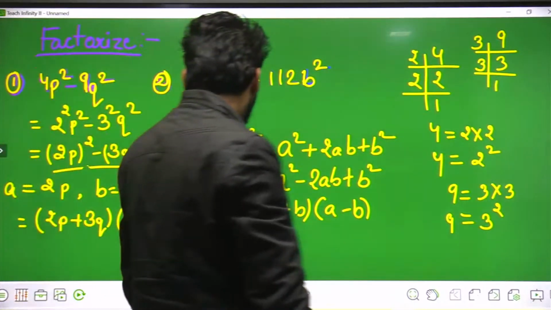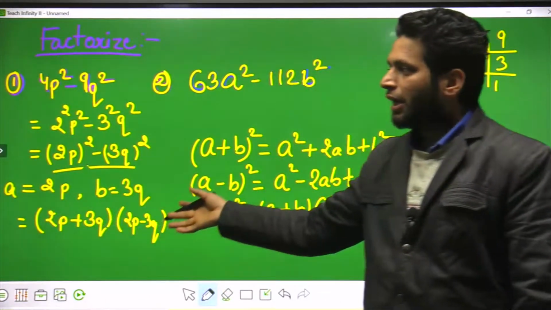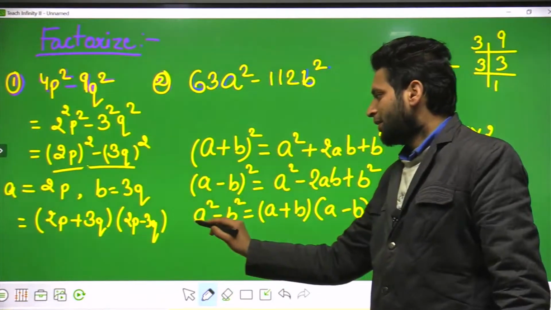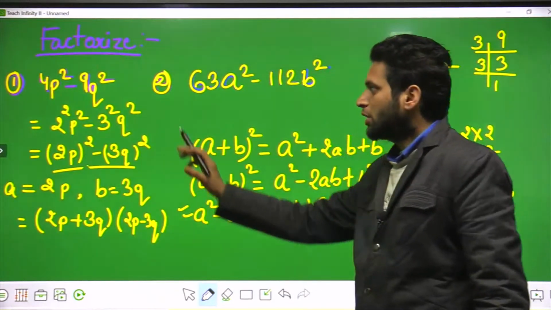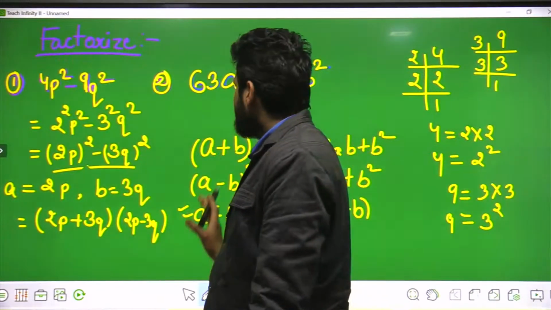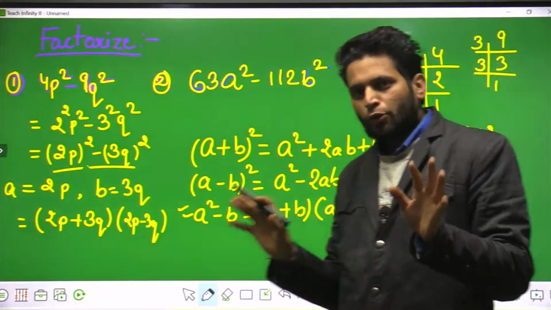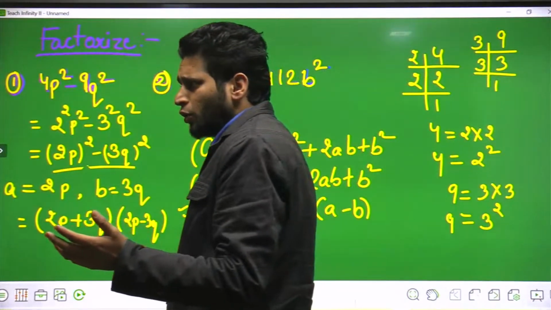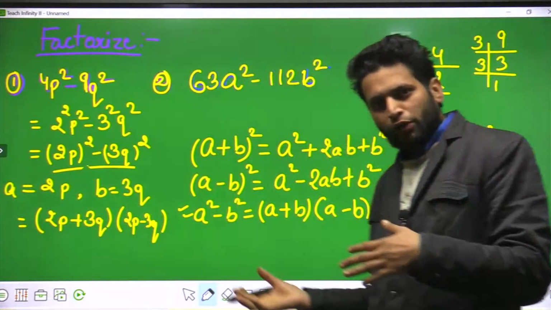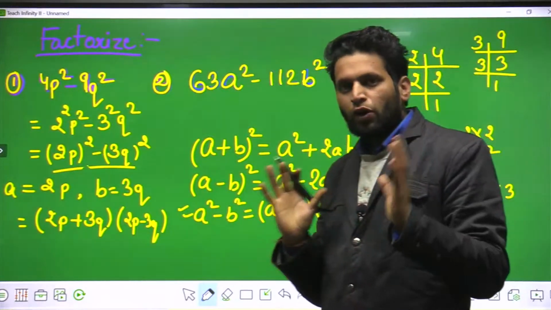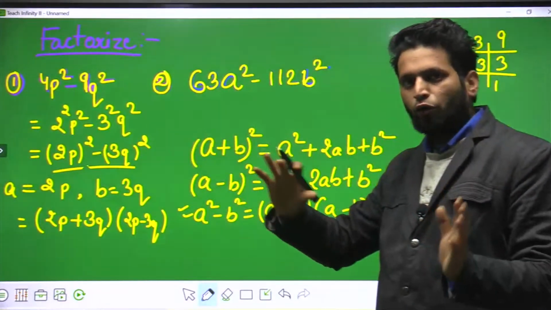Okay, so this can be done only by this identity, because this question is based on this identity. If you didn't understand it properly, then it's okay, don't worry, again we will try to understand.